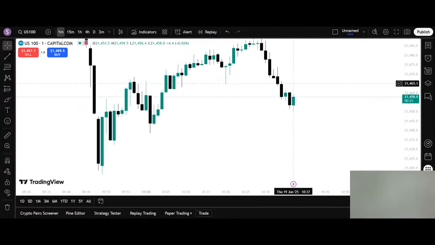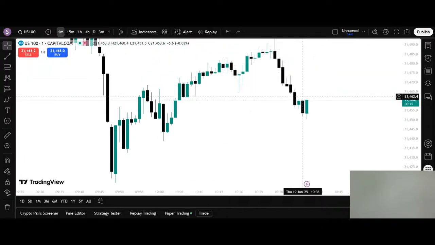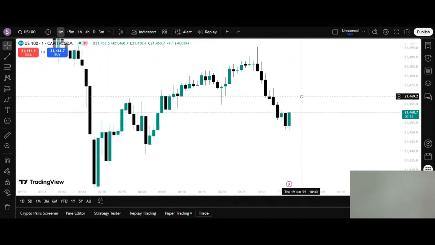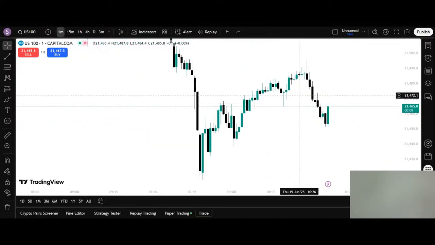If you can find a sell around 460 when 10:45 comes, you can target here at 21,416. That's some good trade, but let's wait for it till 10:45 and then see.